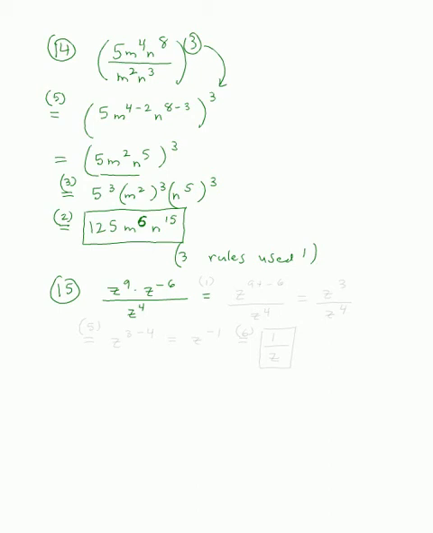That's the product rule. The bases are the same. We end up with z to the 9 plus negative 6. On the bottom we still have z to the 4th. All we did is we used rule 1 for this. We end up with z to the 3rd over z to the 4th.